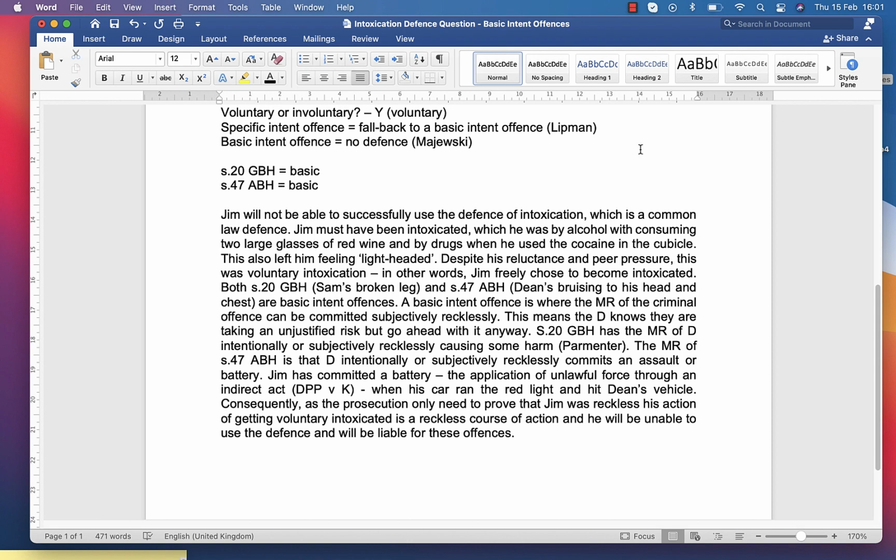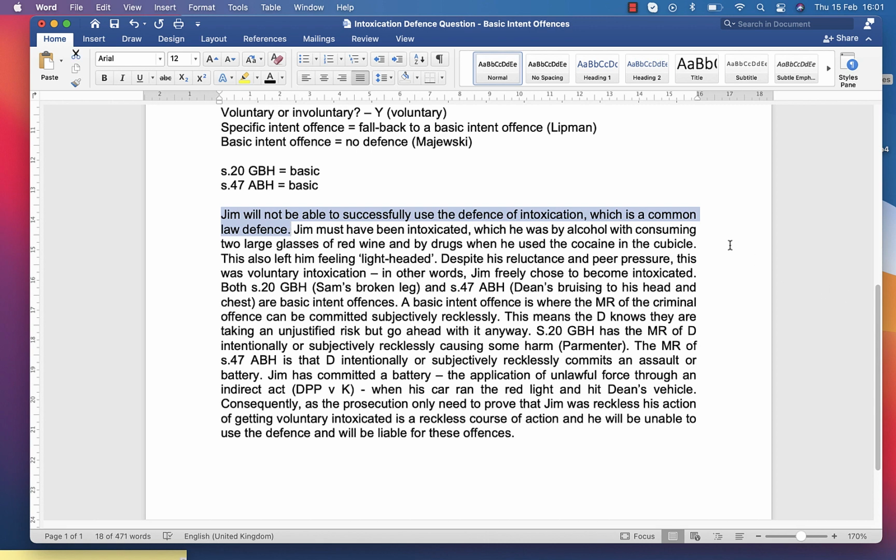Normally, I'm very formulaic, but when I write, I like to do a first sentence that says the defendant's name, in this case Jim. He may be able to use the defence, but because we've worked this out, that it's a basic intent offence, he won't be. So I've started with: Jim will not be able to successfully use the defence of intoxication, which is a common law defence. Okay?